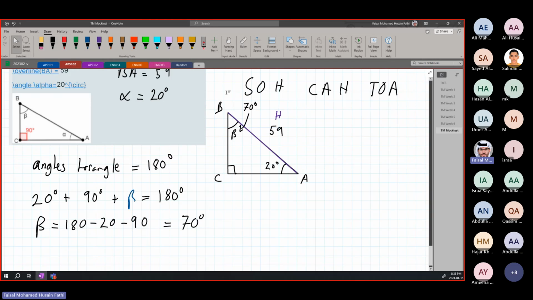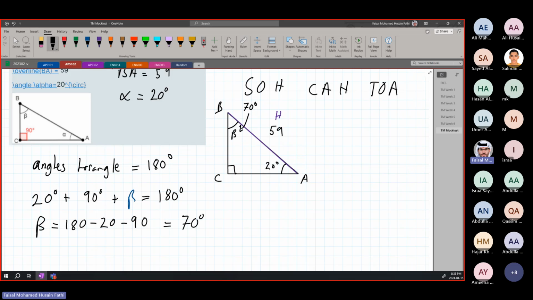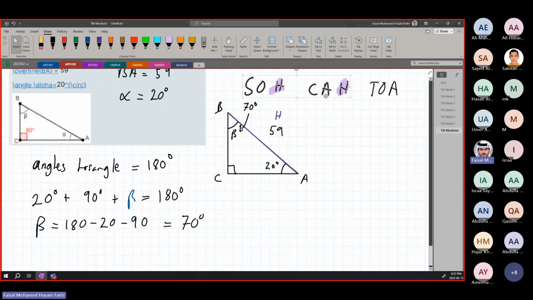Now let's find the remaining two sides using alpha again. SOHCAHTOA again. We are given the hypotenuse. We're going to be using both our sine and cosine equations, one to find the opposite and one to find the adjacent. What is the opposite and the adjacent to alpha? We're looking at the 20 degrees. This is opposite and this is adjacent.